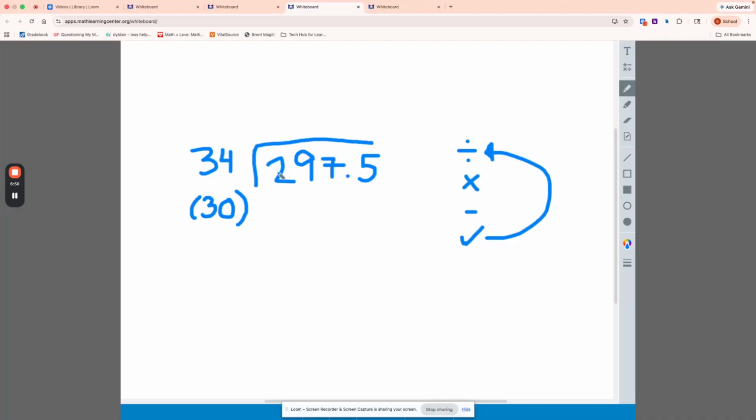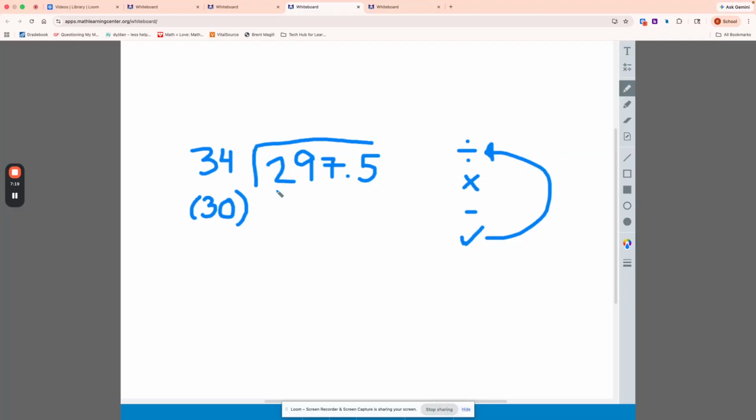Some people say, how many times does 30 go into 290 or 2,975, thinking of this as a whole number? Well, it's not really going into. Remember, we're dividing it up. We're dividing 2,975 up into equal groups. Again, we're going to consider the decimal last. So right now, just dividing it up as a whole number.